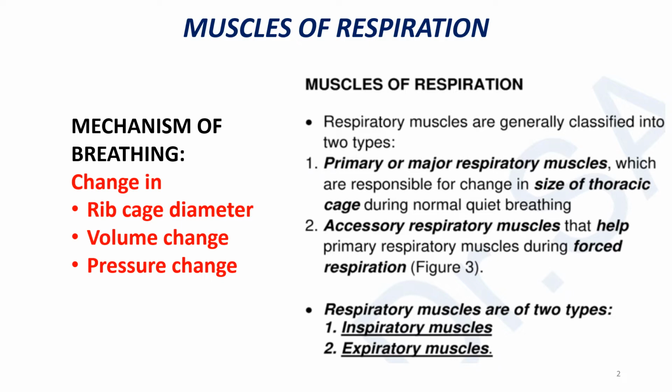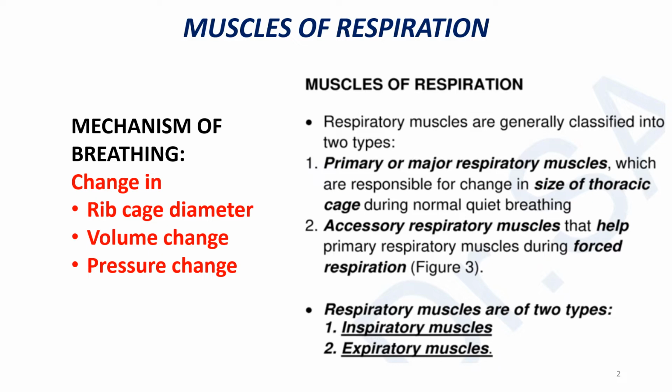Just broadly speaking, normally when students talk about the mechanism of breathing, it's all about the muscles of respiration. Obviously the major contribution is that, but it's not only that. There are other changes, the pressure volume changes, which you should also know. Coming to the muscles of respiration, they basically change the rib cage diameter, in which we'll be talking about the major respiratory muscles and the accessory muscles.